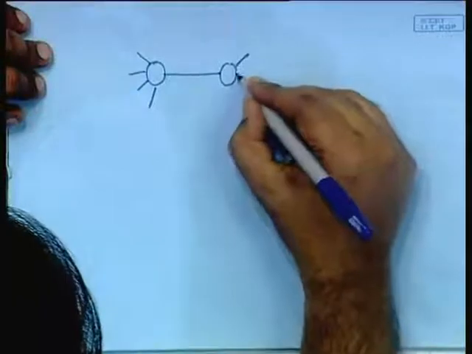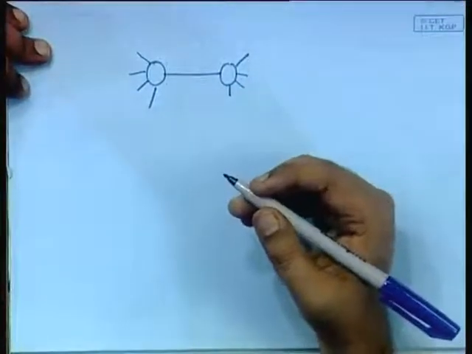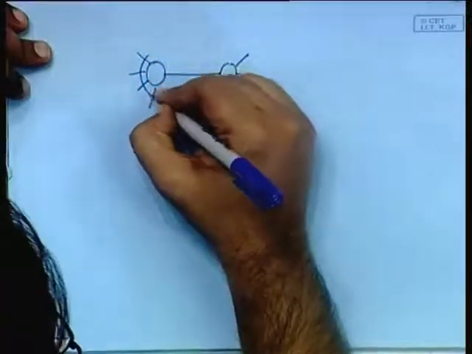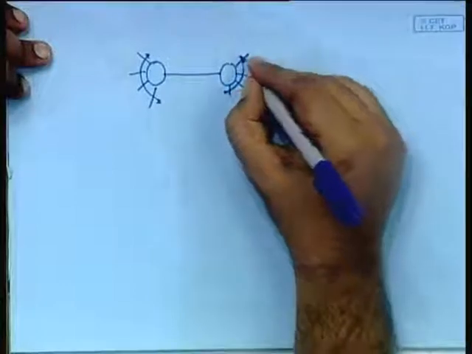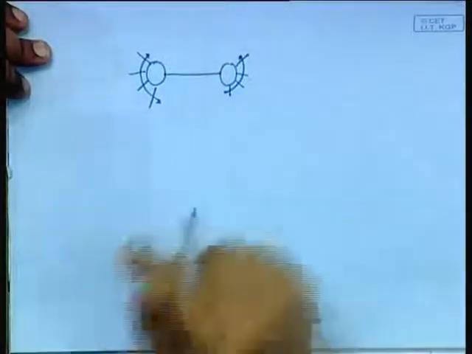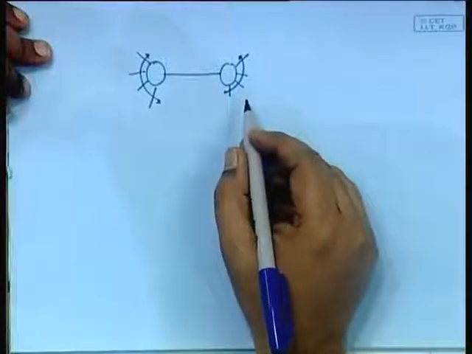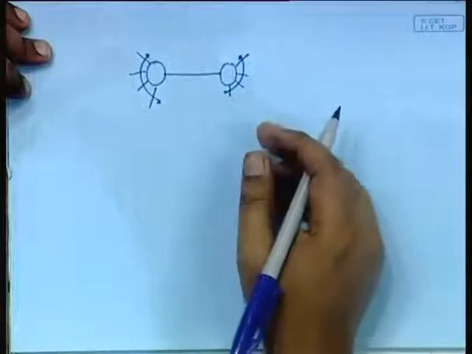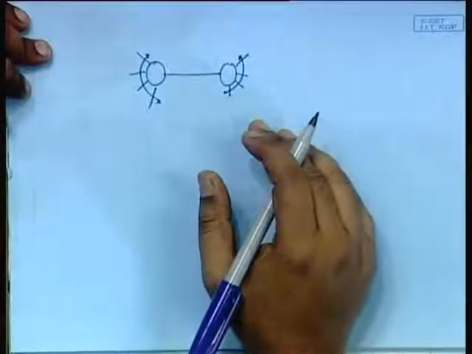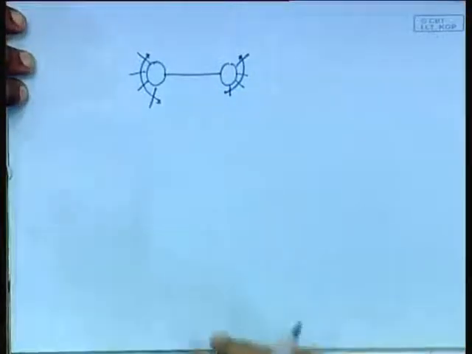What are you mostly interested in? You are mostly interested in this distribution, which is basically the degree distribution minus 1.